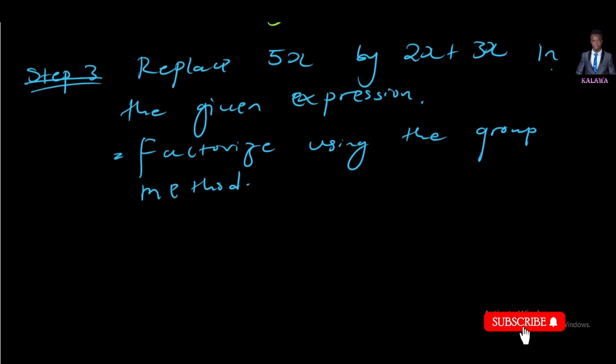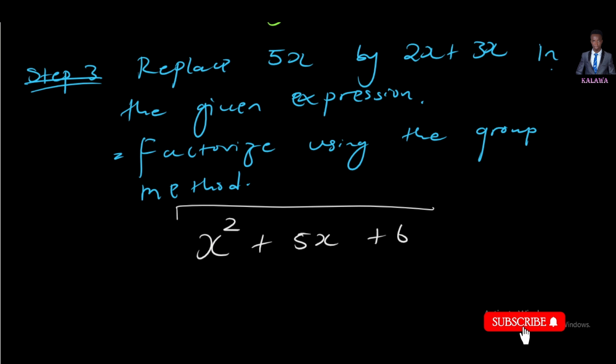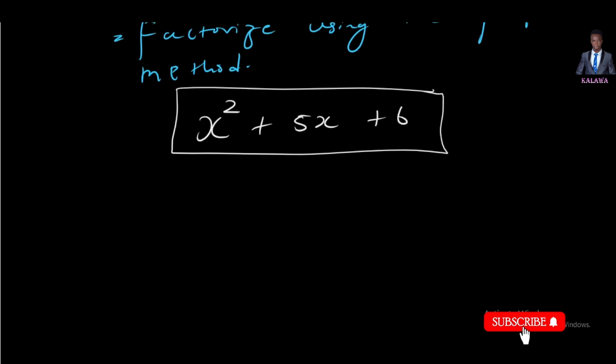So now let's proceed. Remember, the original expression that was given to us is x squared plus 5x plus 6. After we have applied the 3 steps, remember, the first step says we should multiply the coefficient of x squared and the constant.